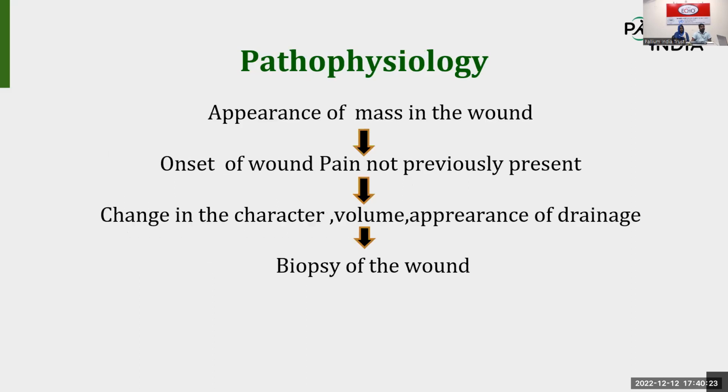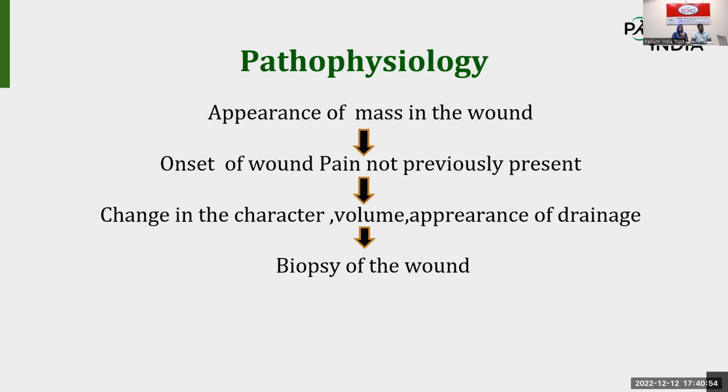Next. Marjolin's wound means the patient already has one wound, and we are continuously assessing that wound. Suddenly we see the appearance of a mass in the wound. The patient had not that much pain on that wound before, but after the mass appears, the patient complains of pain in the previously painless wound area.